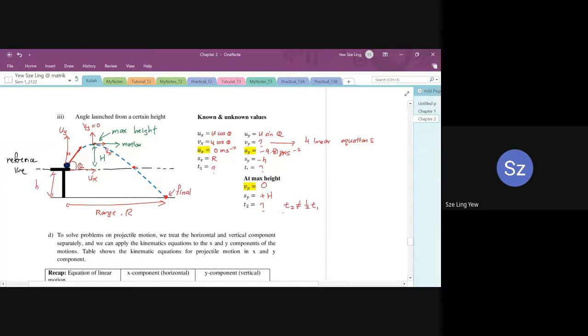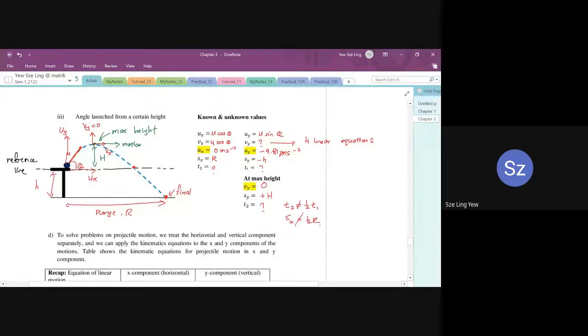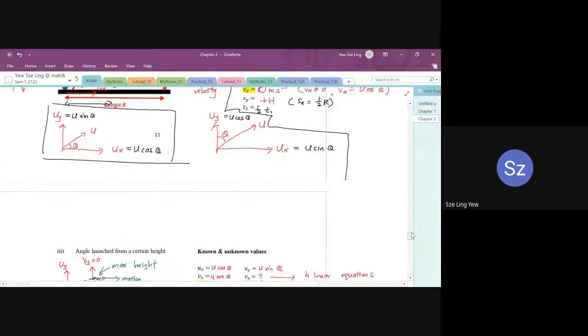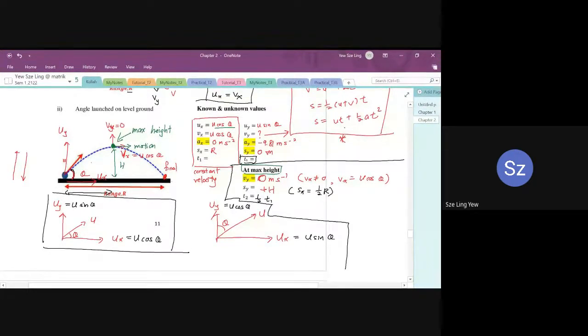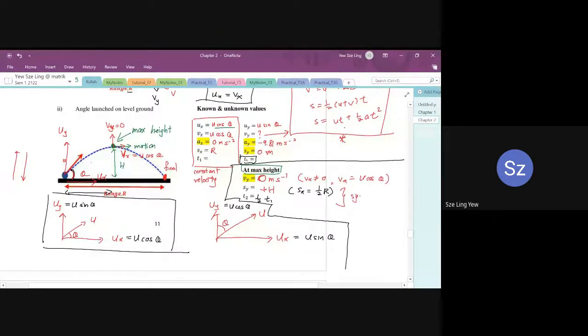Therefore, we cannot say t2 is equal to half t1. You also cannot say sx equals half R. This is not valid anymore. This is only valid if you have a symmetrical diagram, where it starts from the ground and then goes back to the ground.